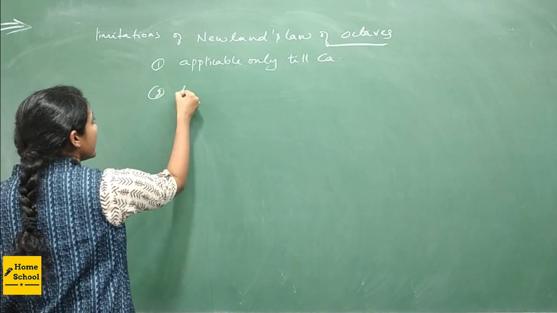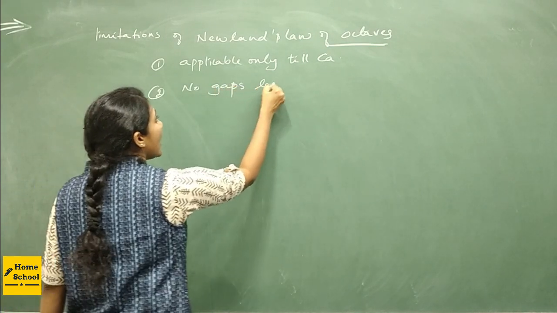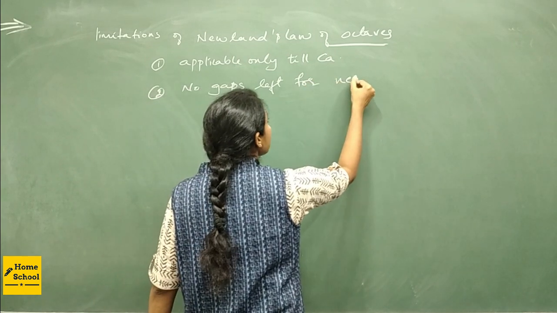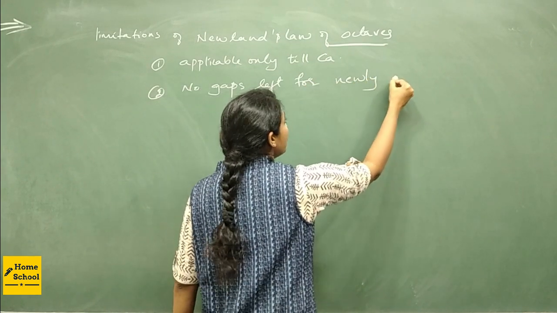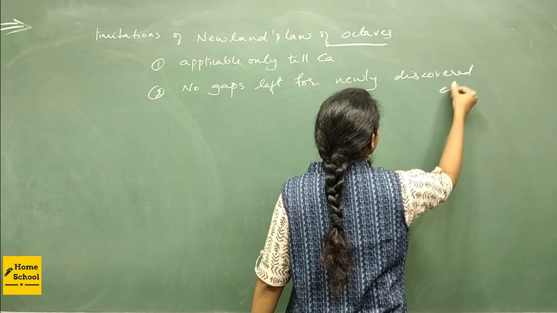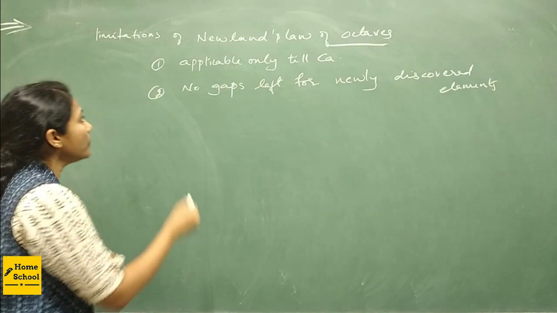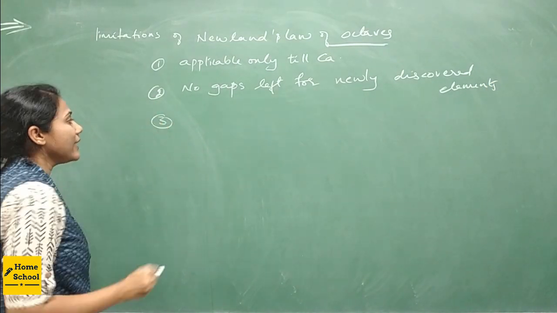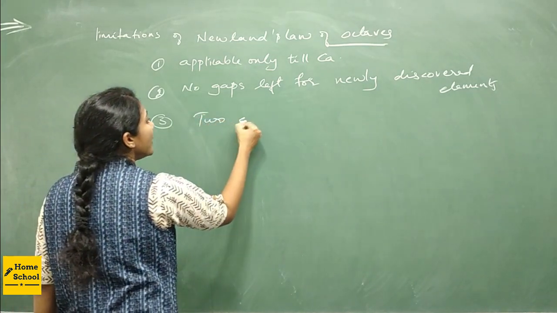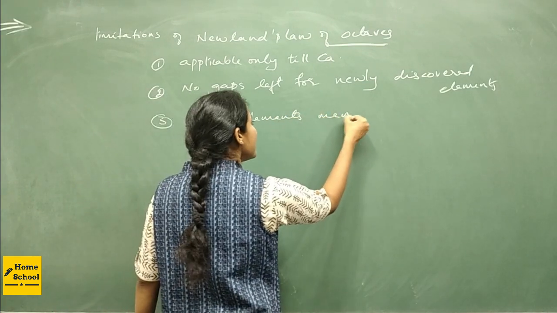The second limitation is no gaps left for newly discovered elements. This is the second point you can mention. And coming to the third point, you can write it as two elements mentioned in a single slot.